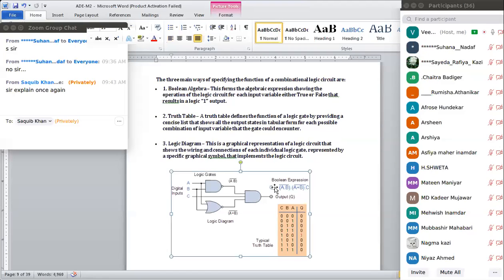We require an expression. Based upon the expression, we need to write a tabular form to show the state of that expression, and based upon that expression we are going to draw a logic circuit diagram, by using the basic building blocks of digital electronics. They are the AND gate, OR gate, NOT gate, NOR gate, and NAND gate.